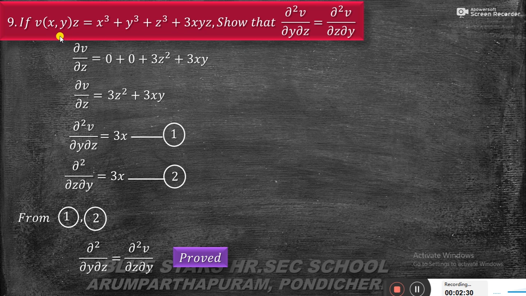So dou v by dou y equals 3y square plus 3xz. Next, again differentiate with respect to z.